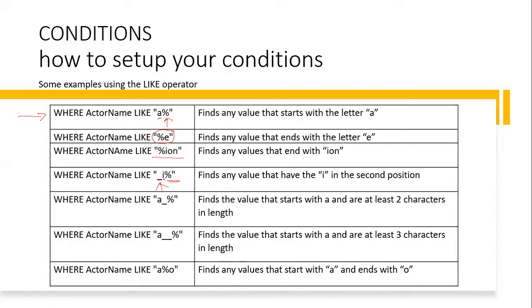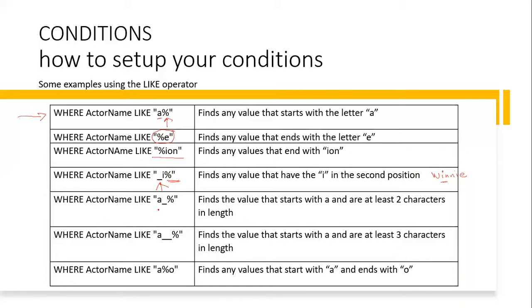But the second character in particular must be the letter I. So if we had to use a wildcard in that instance, it would pick up an actor name like Winnie, for example, because Winnie has the letter I as its second character.